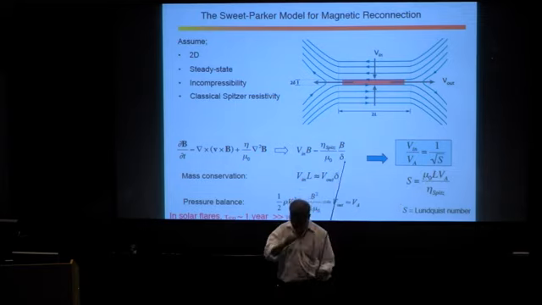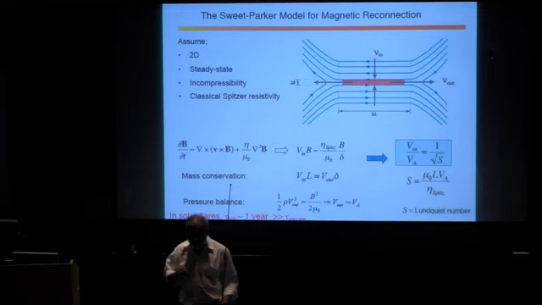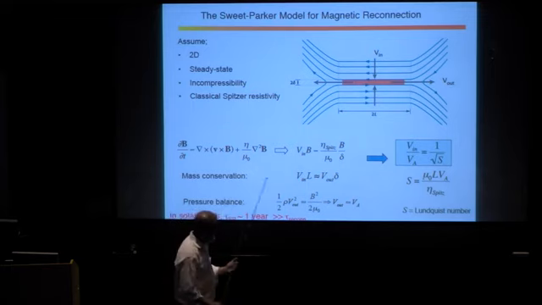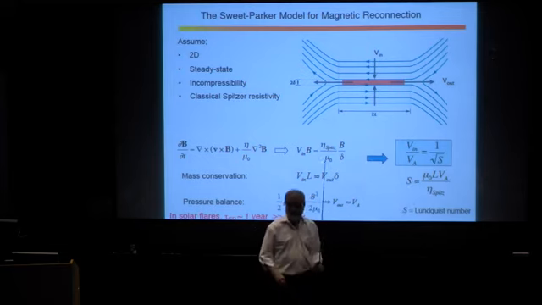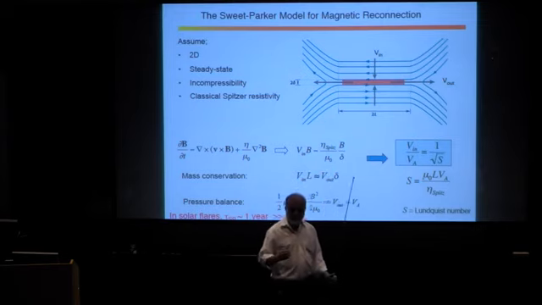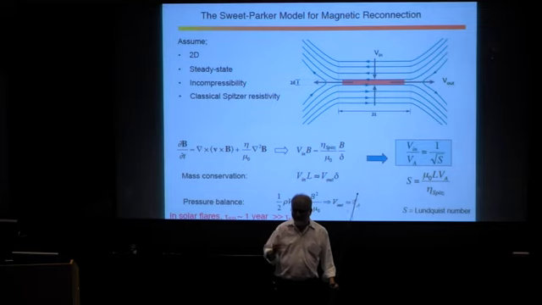In the solar corona, that number can go from 10 to the power 14 to 10 to the power 18. But notice that this goes like the square root of S, which is really the square root of the resistivity. Square root of the resistivity is a number much larger than resistivity itself. It's a fractional number. So therefore, this time scale is faster than what you would get out of diffusion.